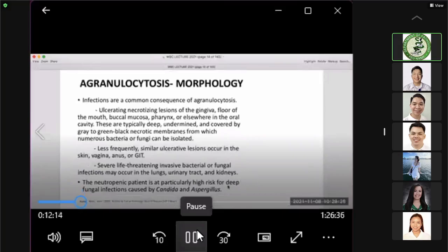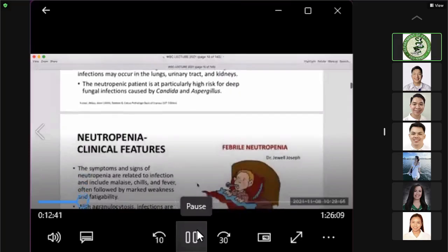It is said that neutropenic patients are at particularly high risk for deep fungal infection, particularly candidiasis and aspergillosis. These are fungi that can otherwise be easily managed, but a neutropenic patient will be susceptible to those.